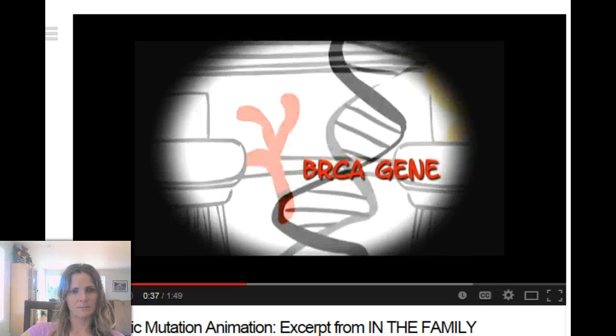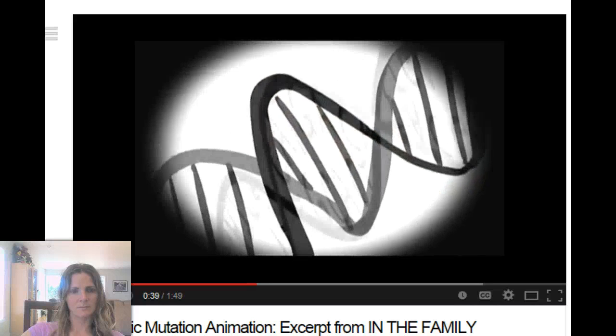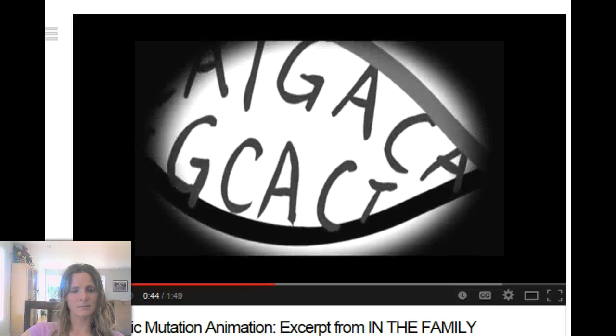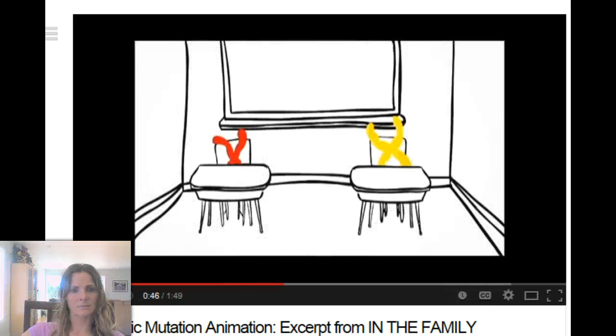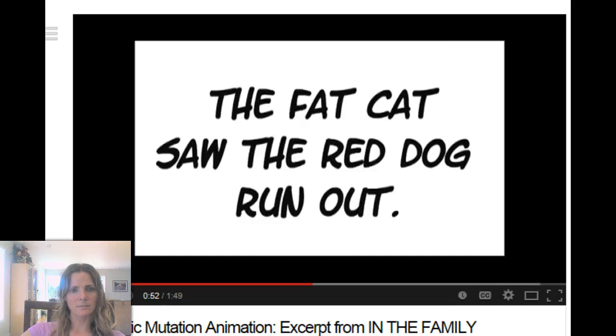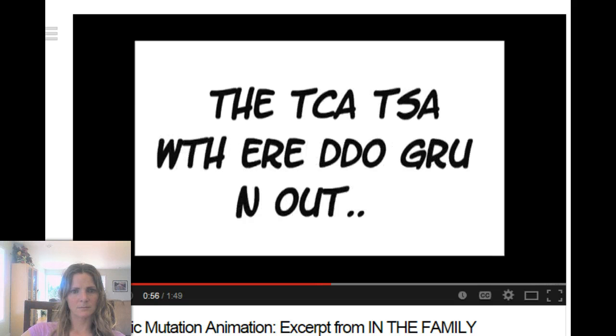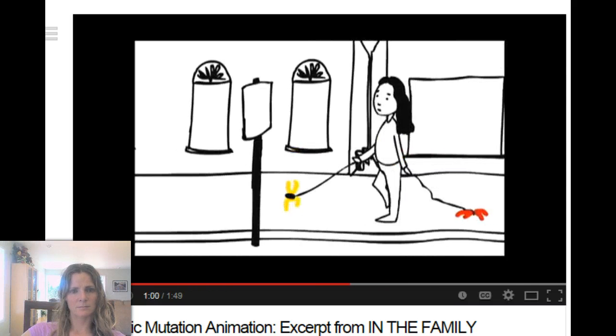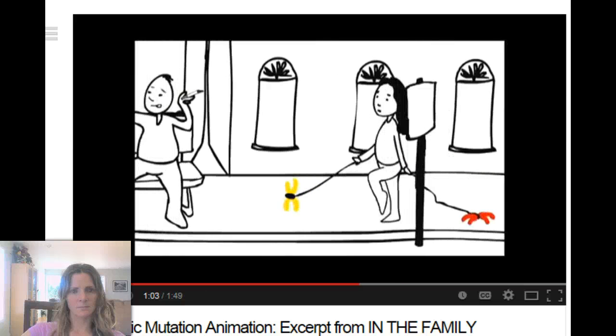A mutation is something that has gone wrong with DNA. The genetic code is a code of words, each of 3 letters. My favorite example is the fat cat saw the red dog run out. If you take out the FA of fat, the rest of what you have in that sentence is now nonsense. Meanwhile, a person with this mutation is completely healthy.